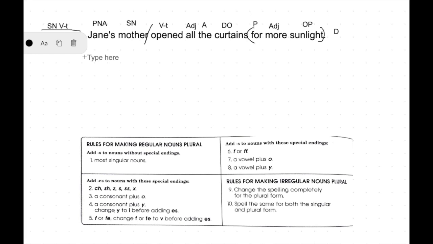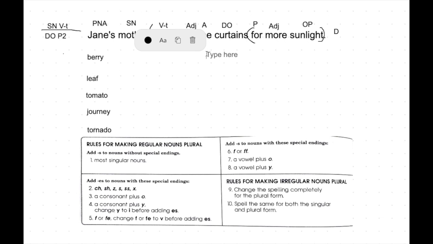So our first one is berry. Our next one is leaf. So write these down and you need to try to make them plural. Tomato. Journey. Tornado.